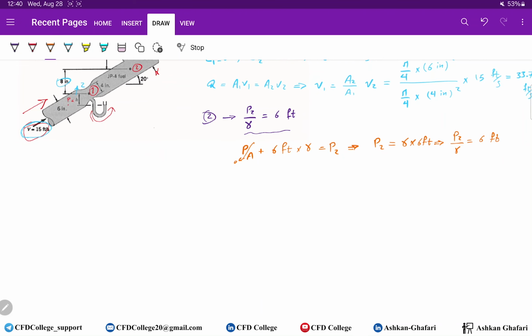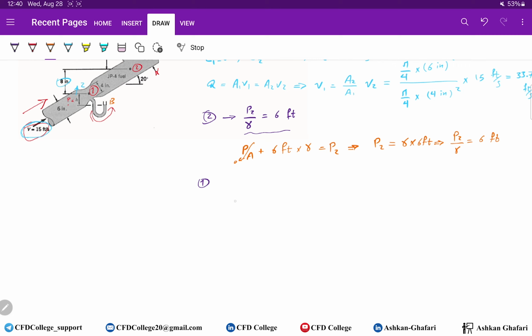Let's do the same for point number 1. Here is B, and I start from point 1 because it has higher elevation.